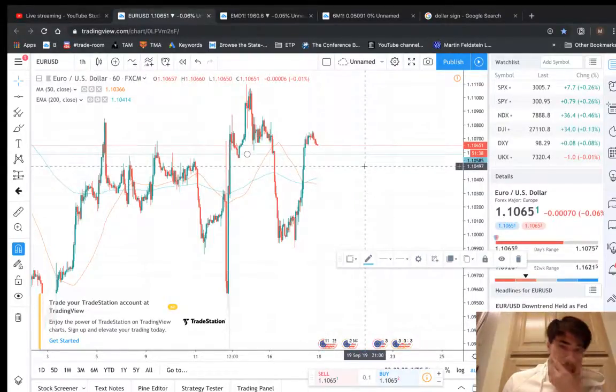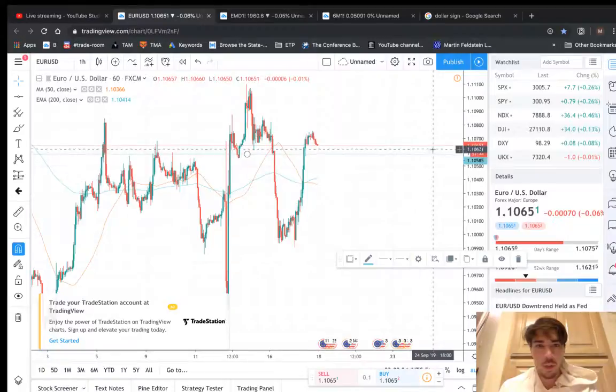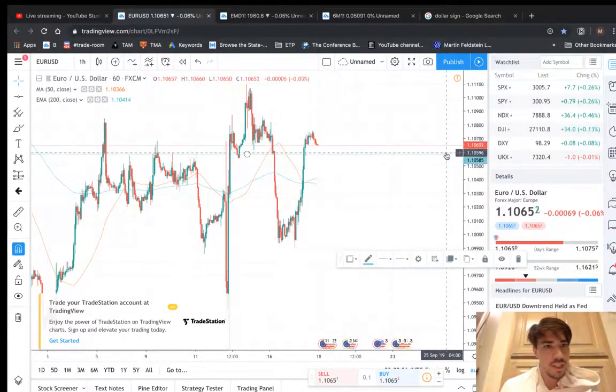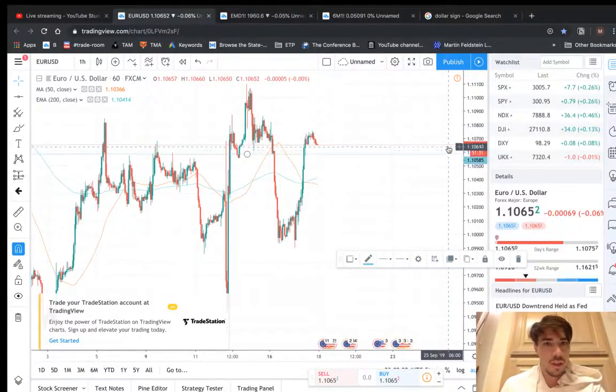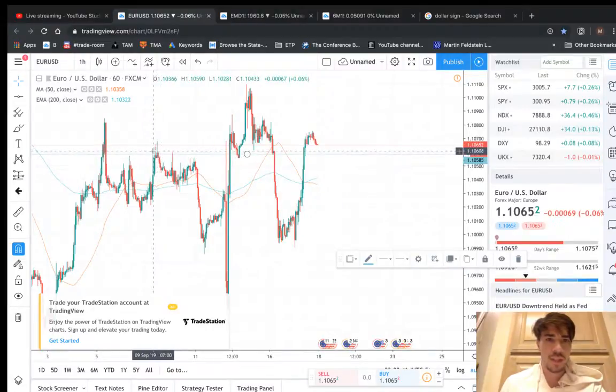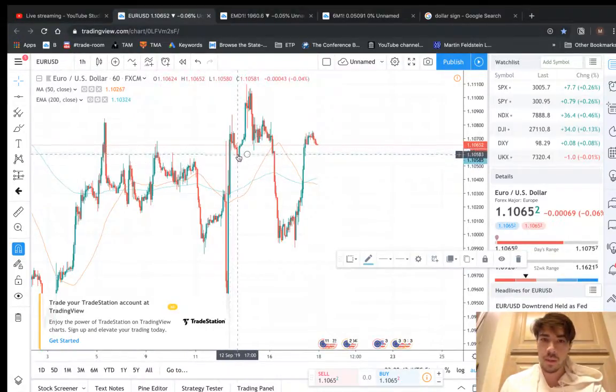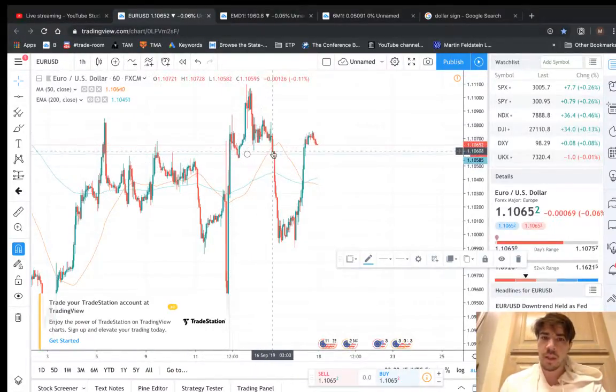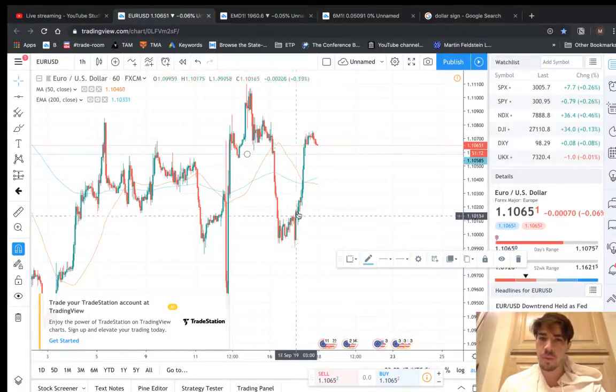So on the euro right now, what we're basically playing is a fall down to this support line. This one right here, kind of this top pivot. You can see this has been an important level. Right here, price got rejected, and right here, price got supported. Here, price held up, eventually broke through.